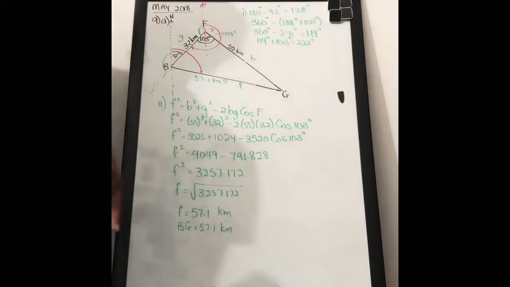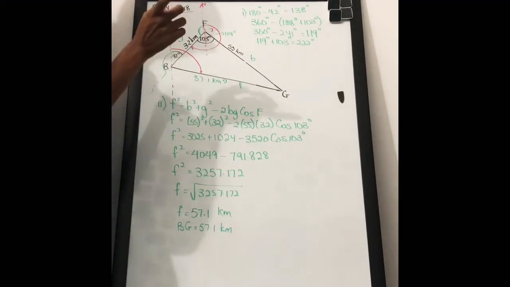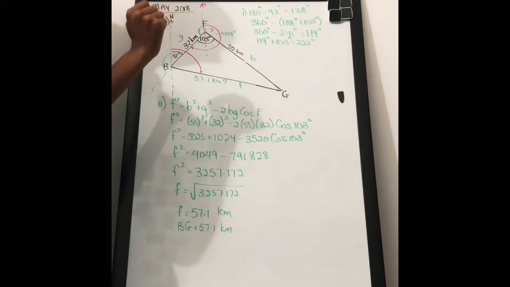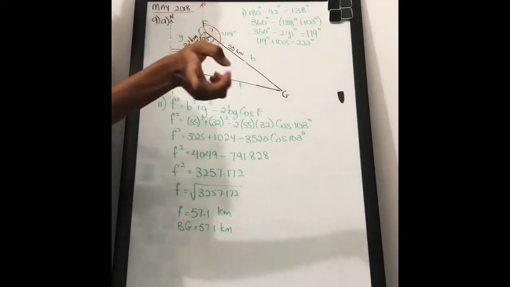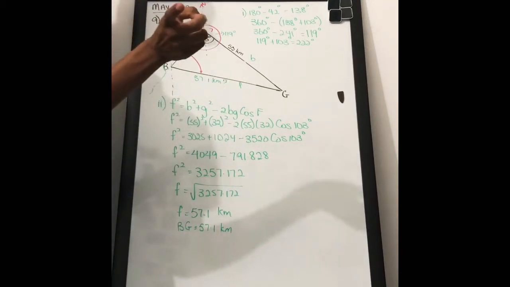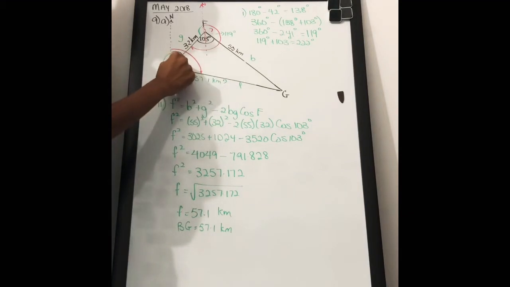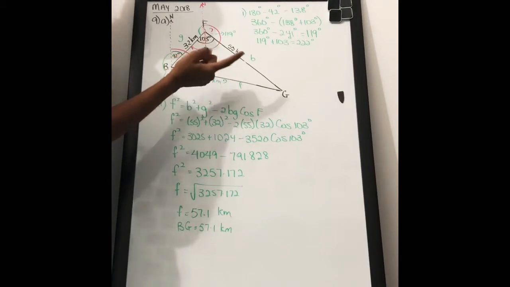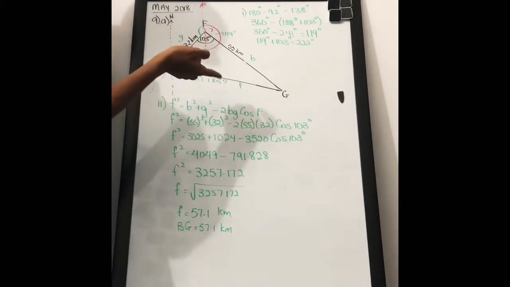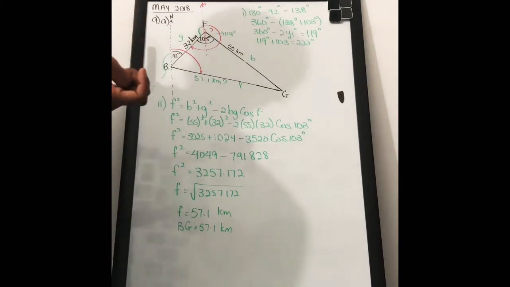Right. So we could either use the cosine rule here or we could use the sine rule. So for the cosine rule, we must have the 3 sides. For the sine rule, we must have one side and the angle opposite it, and then the other side and angle, so you could have 2 sides and 1 angle to find 1 unknown angle, right?